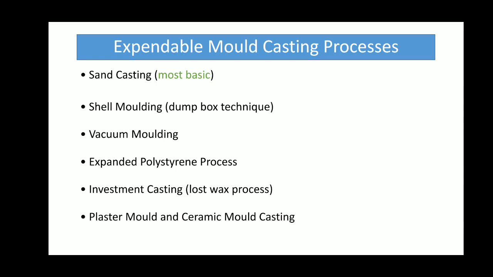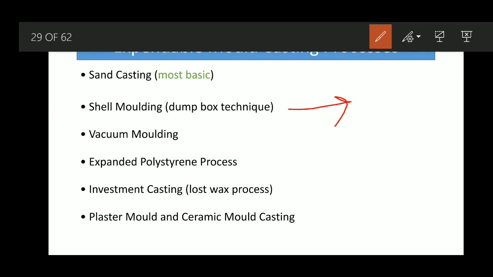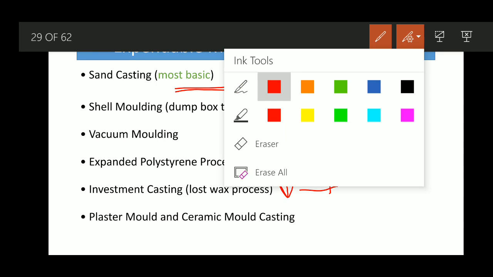In our subsequent lectures we will discuss shell molding in detail, similarly investment casting in detail, and some of the other methods. Sand casting we have already discussed, so for the others we will just have a discussion. So for today we conclude this session here.